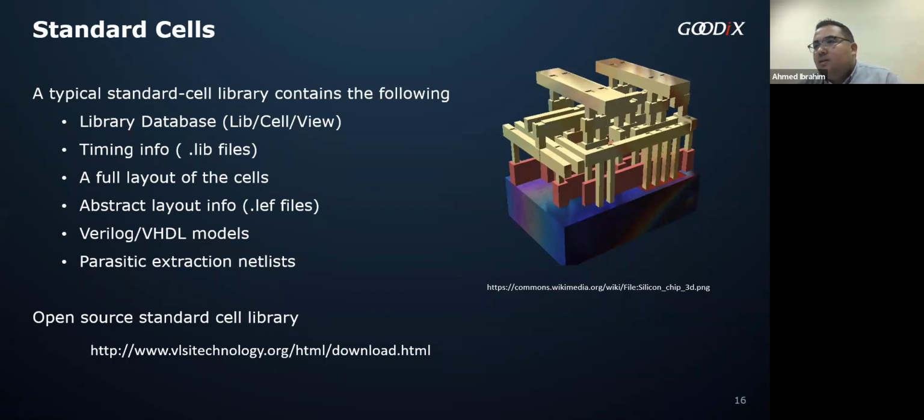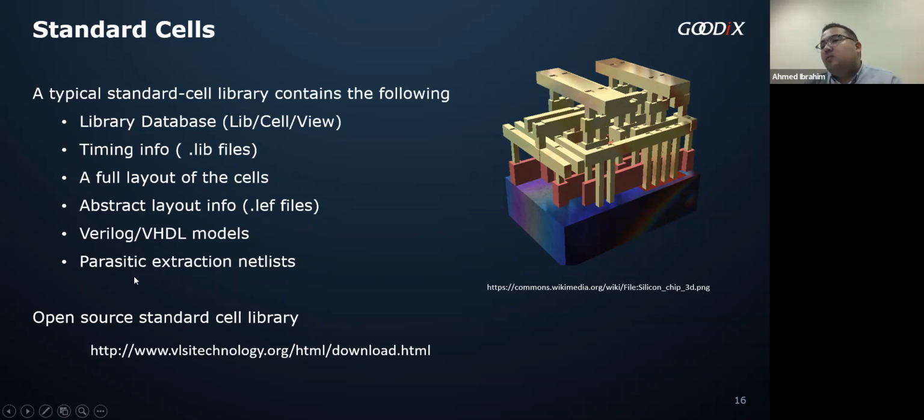So a standard cell library contains the library database, which is the library cell view, timing info for the timing tools like PrimeTime, GDSs of the cell, LEF files, which give us an abstract view of the cell, its dimensions, where the pins are and the antenna info, so that it provides the insight for the place and route tool, Verilog and HDL models.